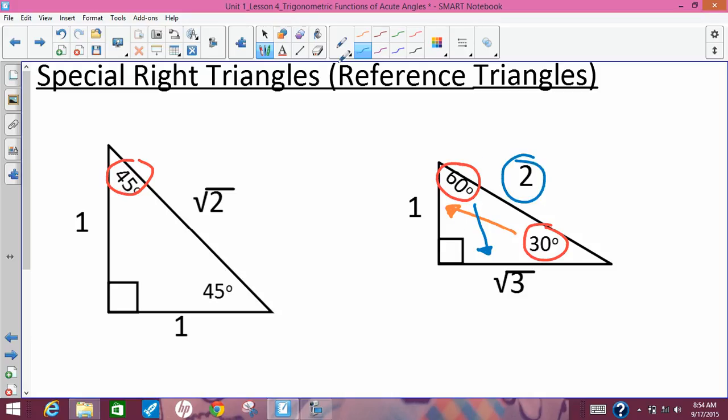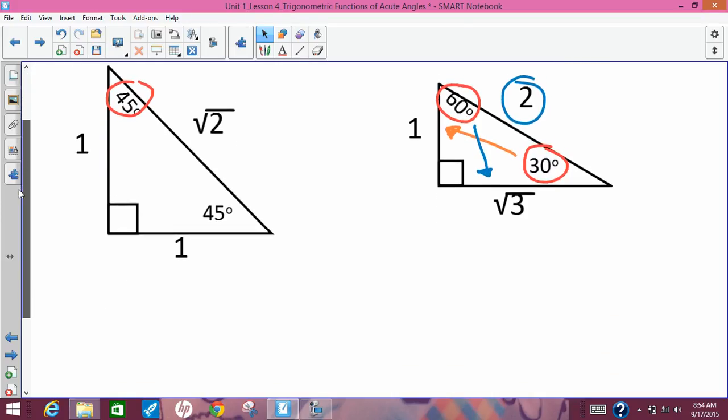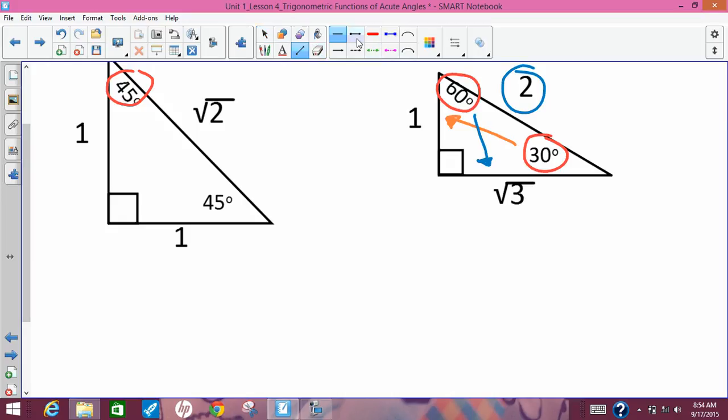So we can use these to find trig function values, and we're going to use them in standard position in the coordinate plane like we have been. So let me show you what that looks like. And since they're acute, they're less than 90, they're all going to be in the first quadrant.